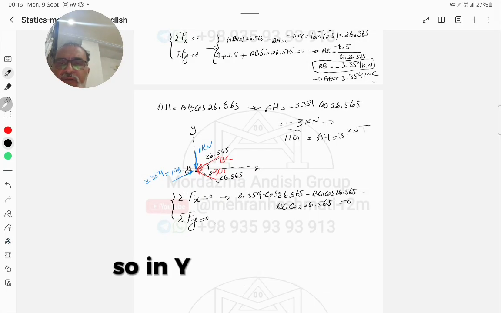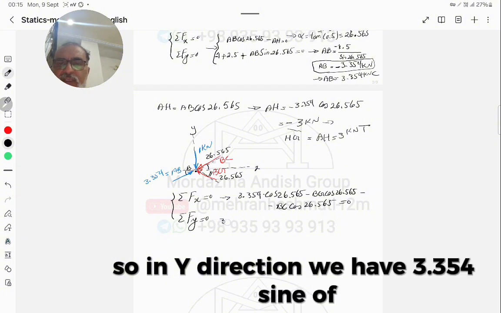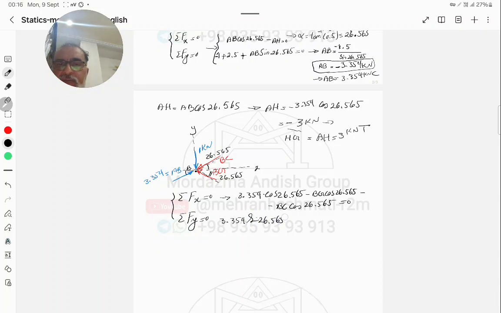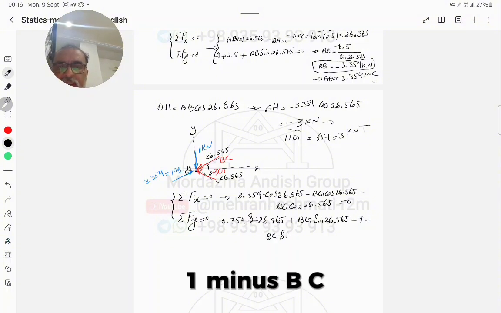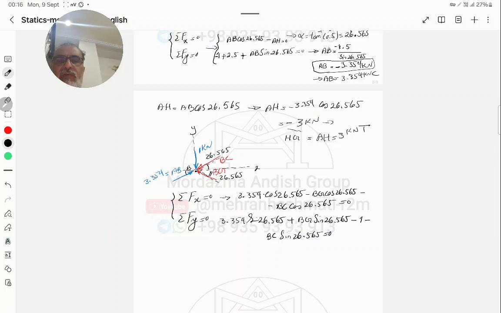So in y direction we have 3.354 sine of alpha plus BG sine of alpha minus 1 minus BC sine of alpha is equal to 0.